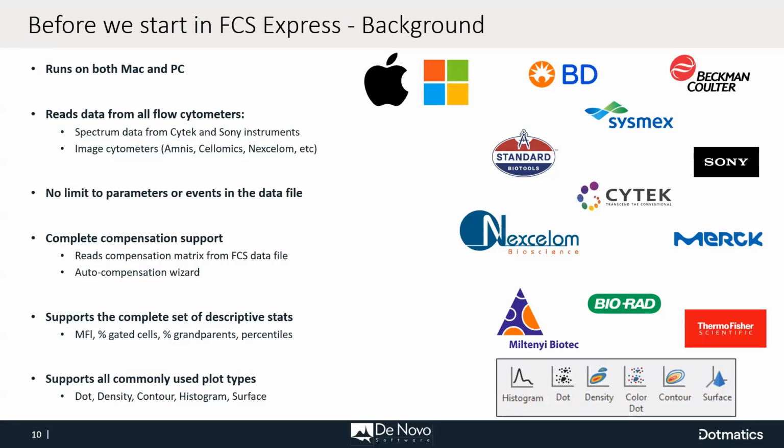And all of the commonly used plot types, dot plots, density plots, contours, right? They're all here. And if you're coming from another software package and you don't see the plot type that you want, rest assured it's probably here, and we may call it something else, right? So if you're looking for something maybe called a zebra plot from another piece of software, we don't call it a zebra plot, but we call it a contour plot with black and white stripes, right?